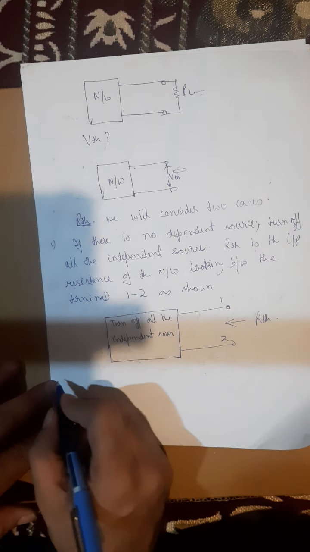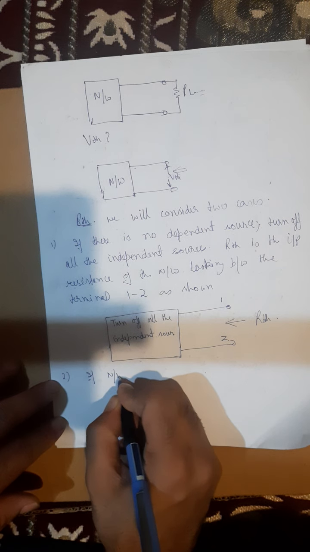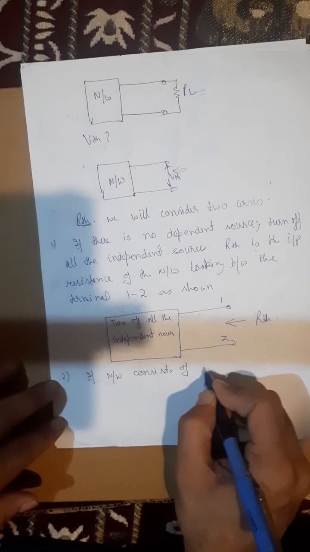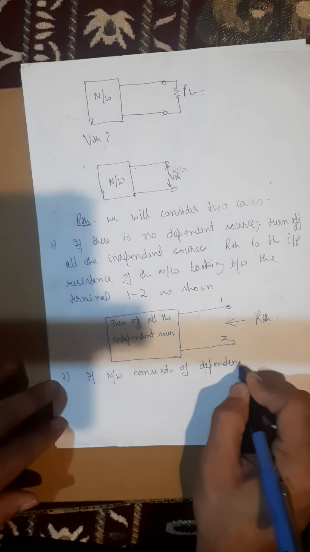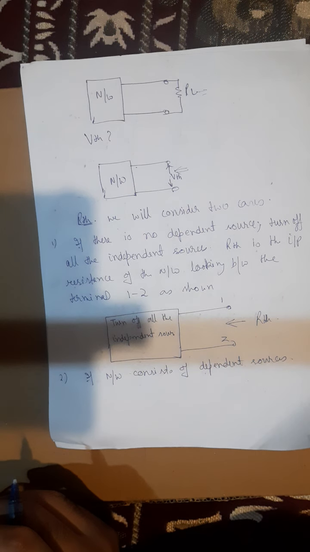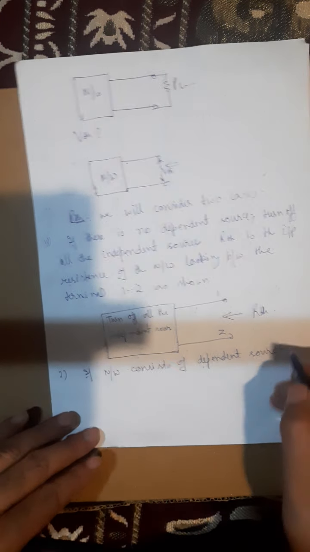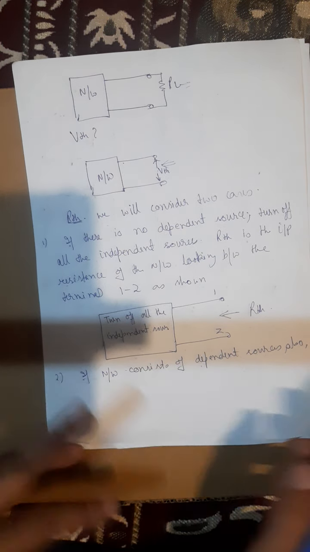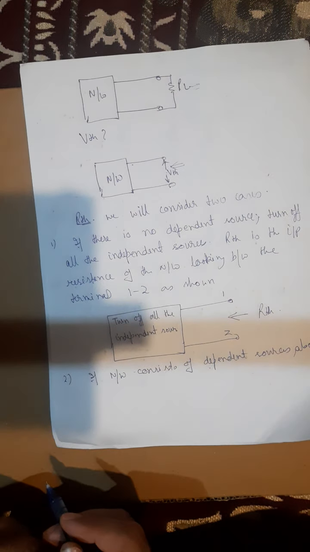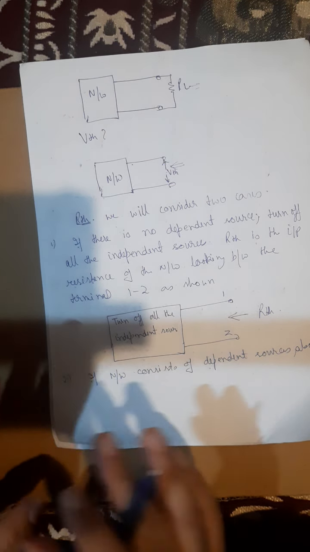So if the network consists of dependent sources, meaning we have both dependent and independent sources, then like in the first case we turned off all the independent sources, similarly we will turn off all the independent sources, but we will not turn off the dependent sources.